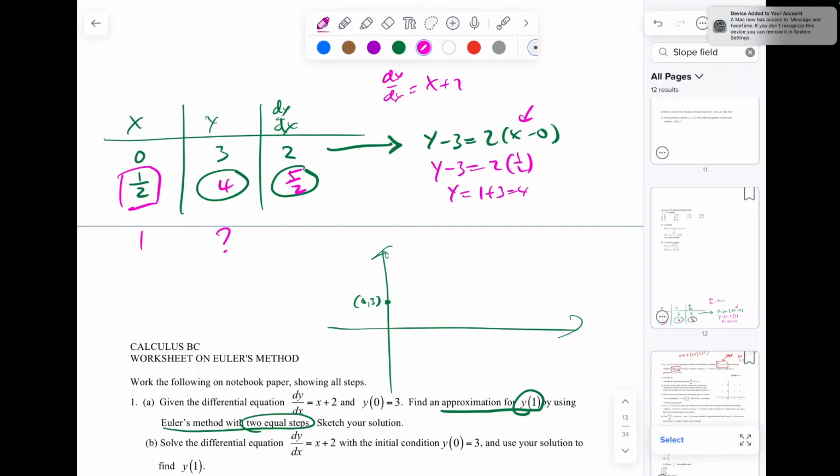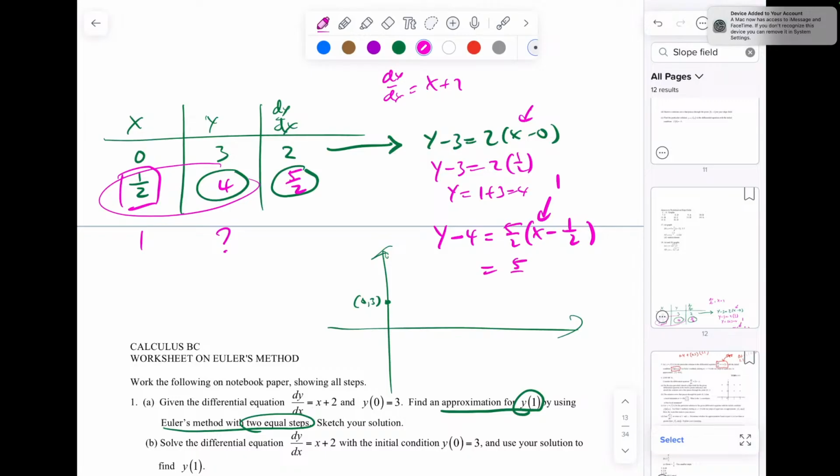And now I can do an equation tangent line again, but it's based on the new x and y values now, not the old ones, because you base it on a new situation. The new situation is going to be y minus 4 equal to 5/2 times x minus 1/2. Is that okay? So what we're trying to predict is what happens at 1, right?